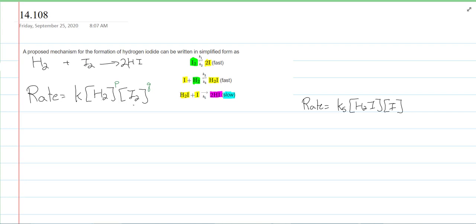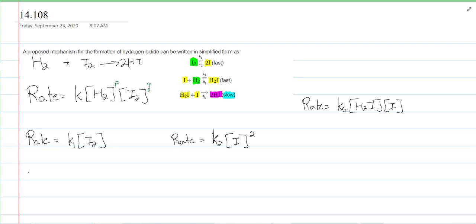So let's write them all out to start, and I'll use colors for us. Rate equals K1 times the concentration of I2, and rate equals K2, lowercase k, K2 times the concentration of I squared for the first one.